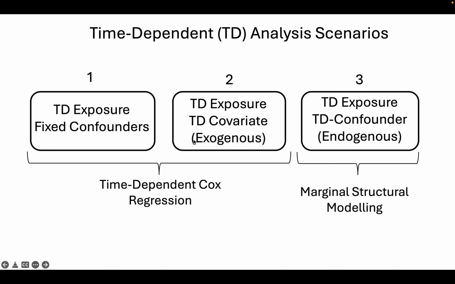And there's different ways that this needs to be handled, and like I mentioned at the beginning, that depends on what's happening with the confounders. So basically, time-dependent Cox regression is what we're going to talk about for situations with fixed confounders or exogenous time-dependent confounders. And marginal structural modeling, I'll mention briefly, as a way to deal with endogenous time-dependent confounders.